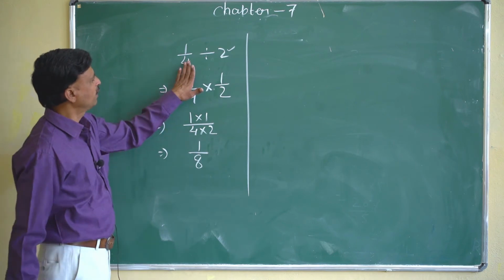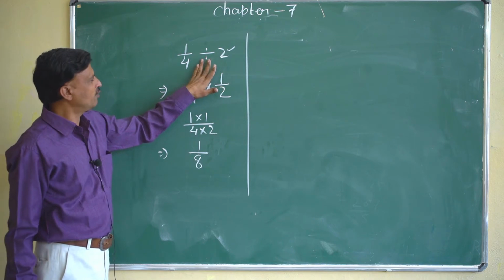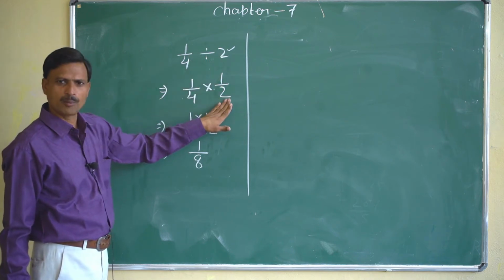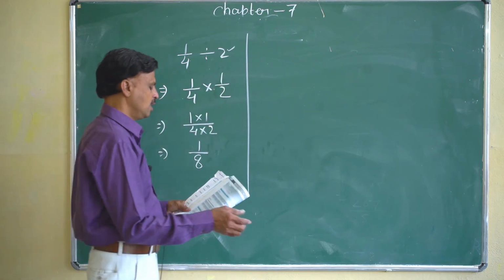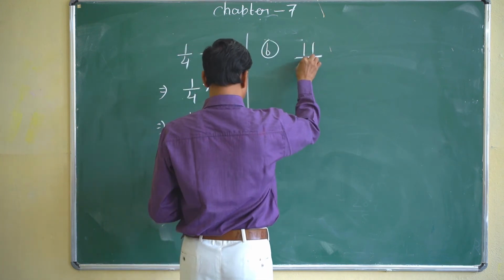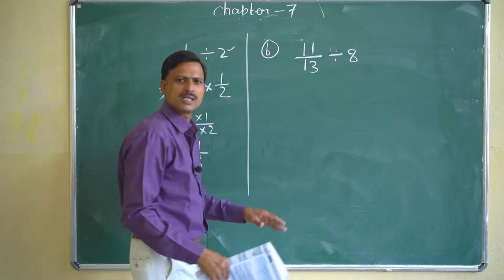So it's a simple thing. A fractional number cannot be divided by a whole number directly, so we convert it into multiplication, and the number gets its reciprocal. This will be the calculation and answer. One more question, B1, that is 11 upon 13 divided by 8. Here is the same problem.